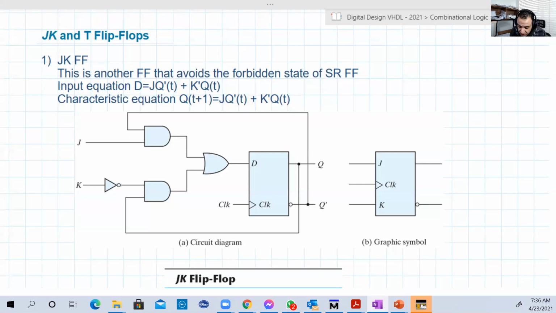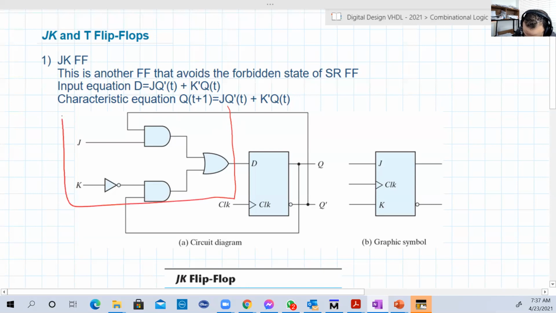Okay. So in JK flip-flop, we can construct it out of a D flip-flop. And remember, D flip-flop is basically a modification for the SR to avoid the forbidden state. By connecting the input with this configuration here, this circuit basically. Okay, so we have two inputs. D flip-flop has only one input.